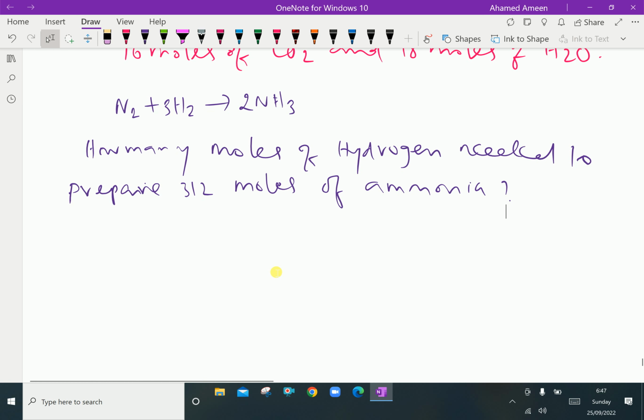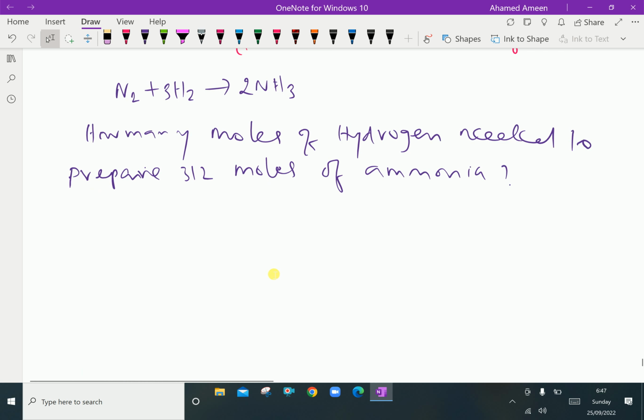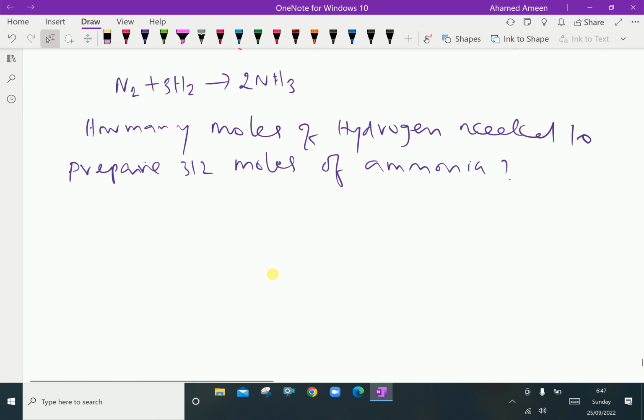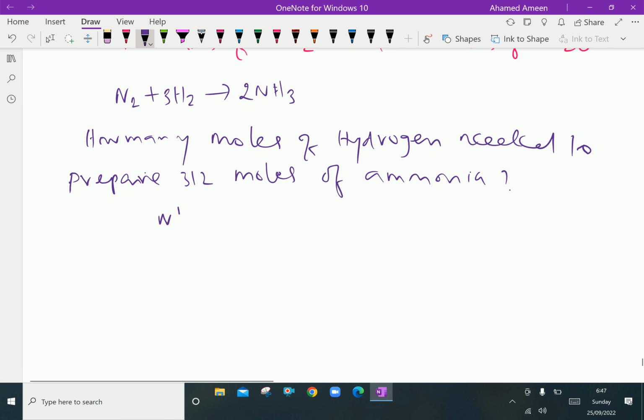NH3 equals 312 moles. H2 is how many moles? How many moles do we need?